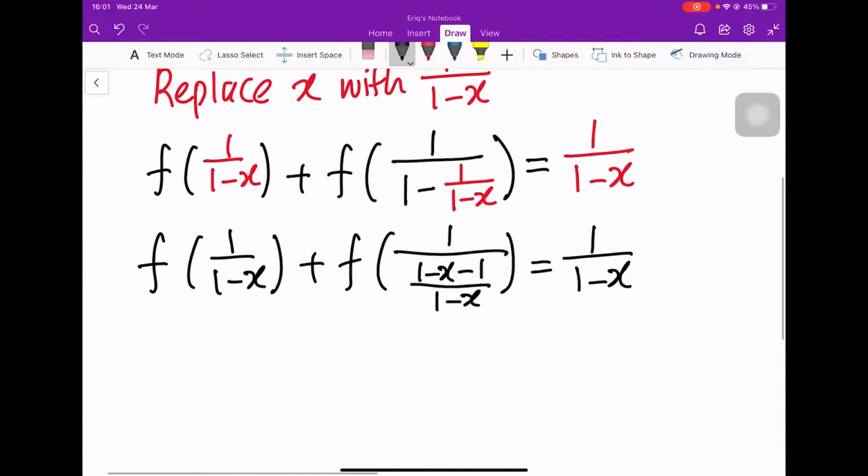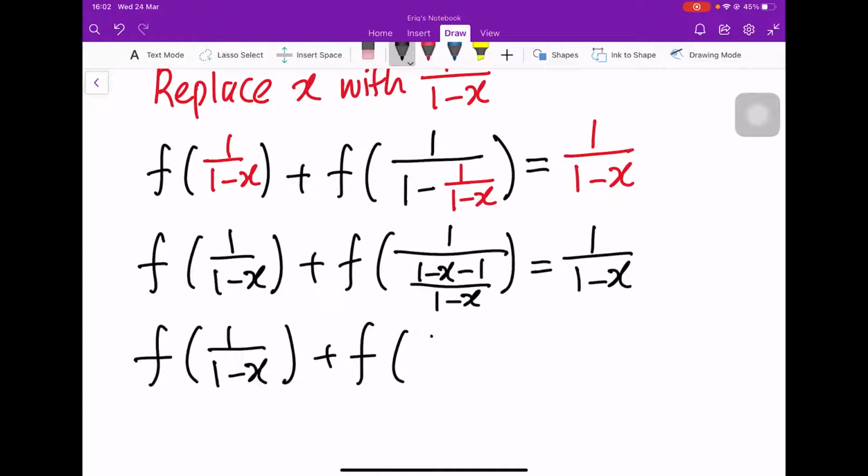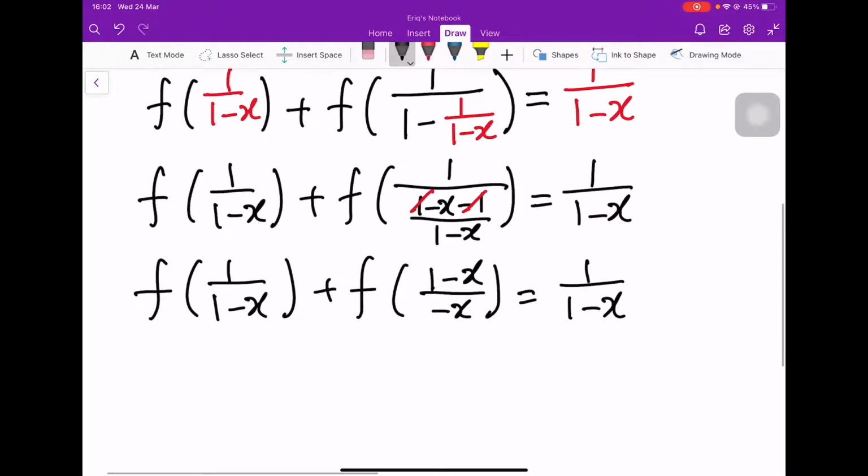Then 1 minus x plus f of, we just flip it, it becomes 1 minus x on top, and as you can see, this 1 and negative 1 can cancel. You have a negative x at the bottom. Maybe one more step, because I don't like to have a negative like that. So I multiply the top by negative 1 and multiply the bottom by negative 1, so it looks nicer later.